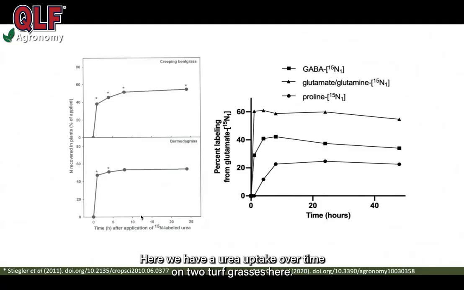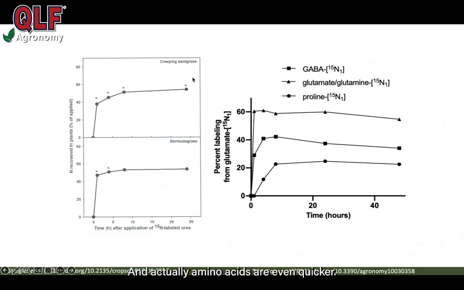On the left-hand side here, we have urea uptake over time on two turf grasses. And you can see how quickly, within the first 2, 3, 4, 5 hours, the bulk of that urea is really taken up. It's very, very quick. And actually amino acids are even quicker. So in this study over here, they applied this particular amino acid, glutamate, which you can see had very, very rapid absorption.